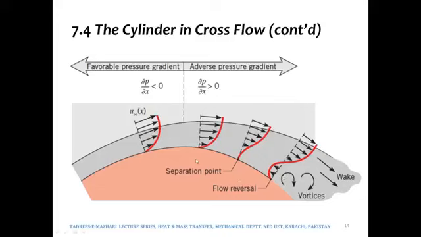If you take a look at the velocity profile, you will see that at a particular point the velocity would not have this particular profile. Rather, this profile starts from this point onwards, and this would be the point of separation.